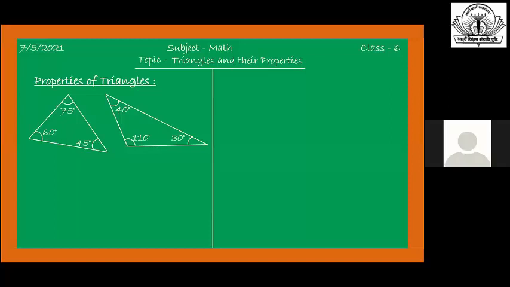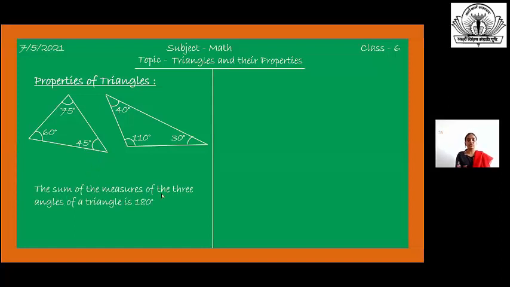180 degrees. If you add 75 plus 60 plus 45 for the first triangle, that is equal to 180 degrees. Similarly, for the second one also, if you add these three angles, it is equal to 180 degrees. So the first property of triangles is that the sum of the measures of the three angles of a triangle is 180 degrees.